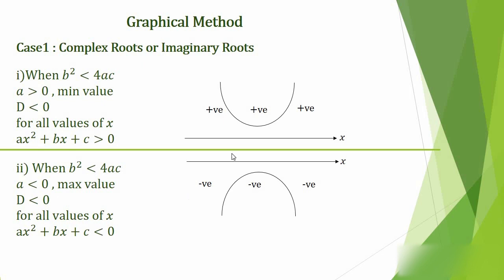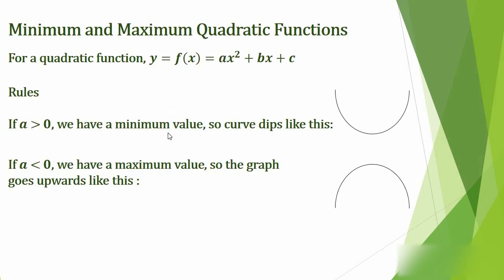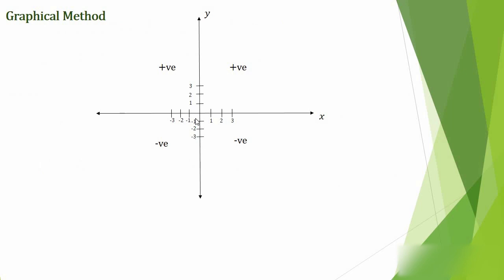And this region above the x-axis is where y is positive, as we showed in this diagram here. Below the x-axis you have negative values of y, and above the x-axis you have positive values of y, right?